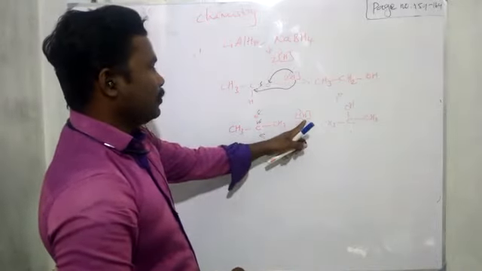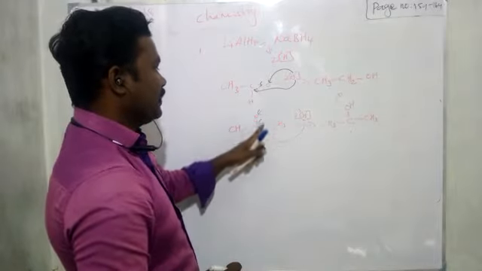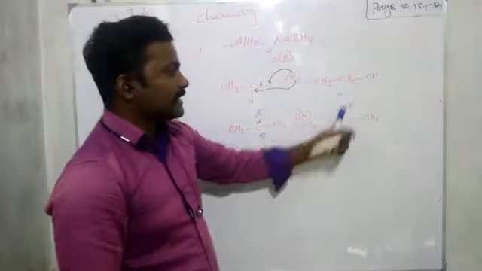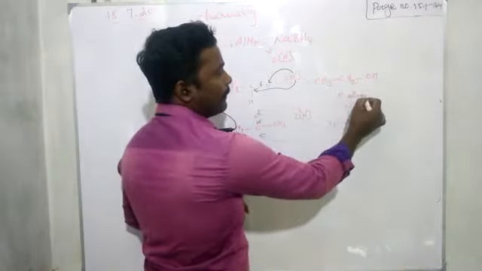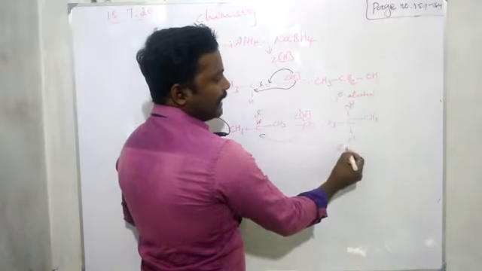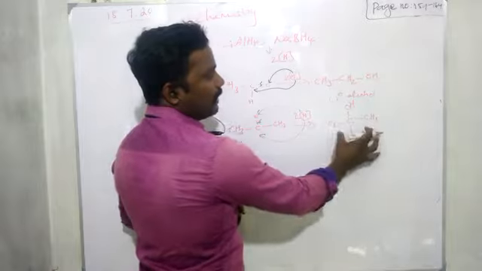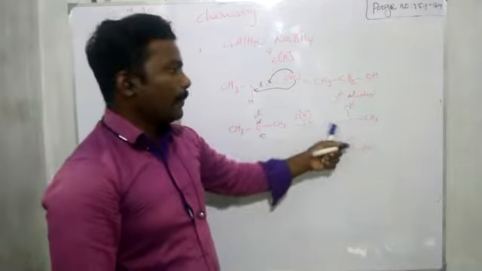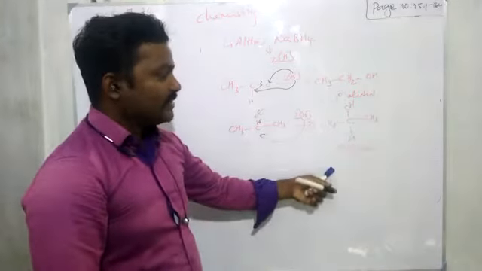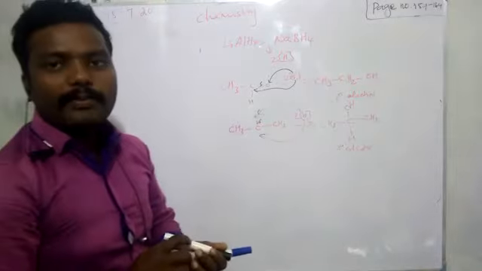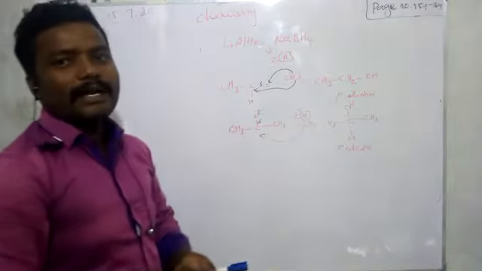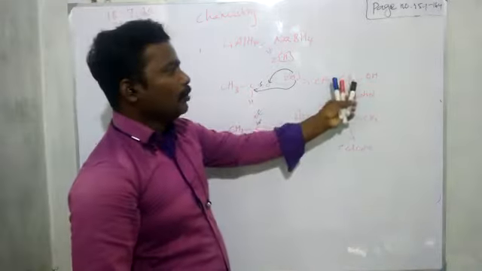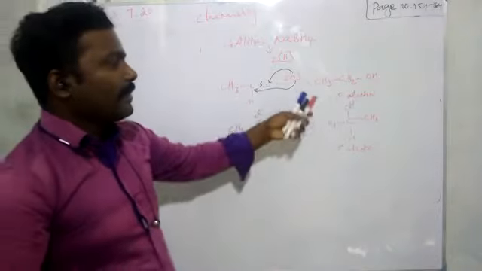We are going to add 2 hydrogen, one hydrogen here, another hydrogen here. Now this becomes a secondary alcohol. The first is a primary alcohol, the second one is a secondary alcohol. What is the name of this alcohol? 2-hydroxy propane or 2-propanol. Otherwise, we can say secondary alcohol. Secondary alcohol means the carbon attached to the OH group has only 1 hydrogen, right? Primary alcohol means the carbon attached to the OH group has 2 hydrogen. Based on that, we can tell primary or secondary.